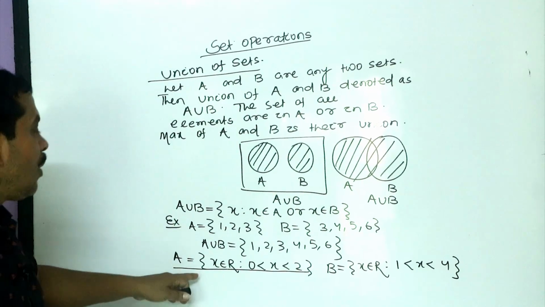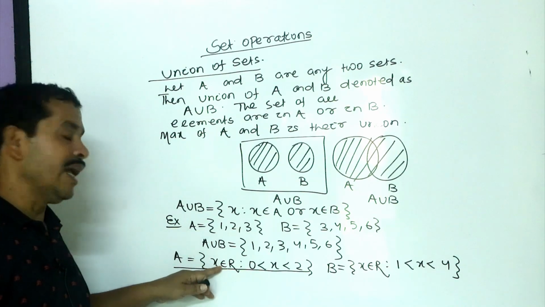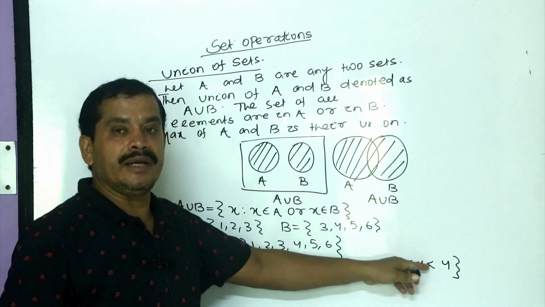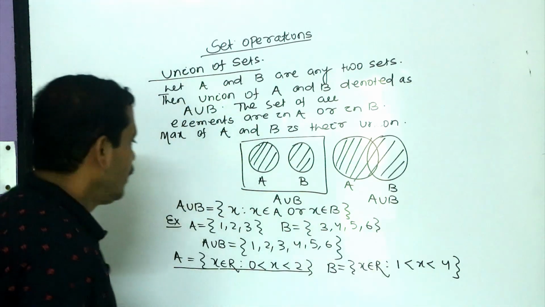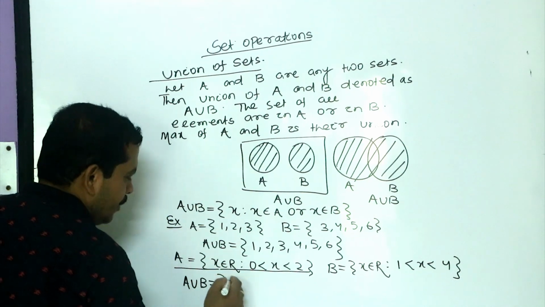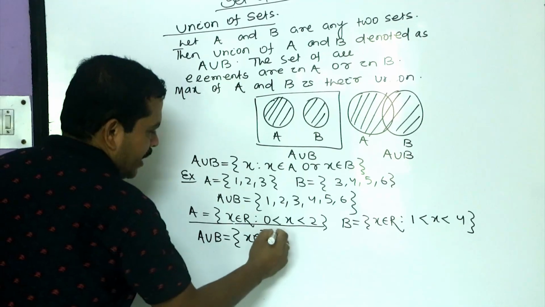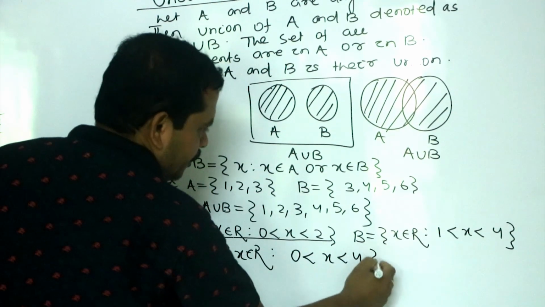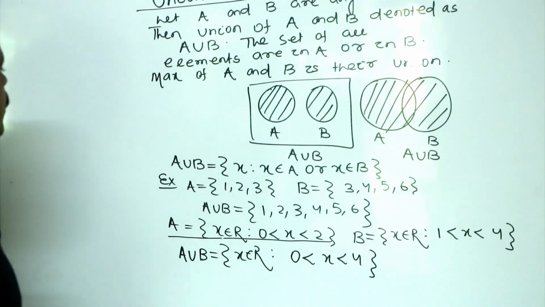A contains all the real numbers between 0 and 2 and B contains all the real numbers between 1 and 4. Then obviously A union B equals x belongs to R such that 0 less than x less than 4. That is the union of two sets.